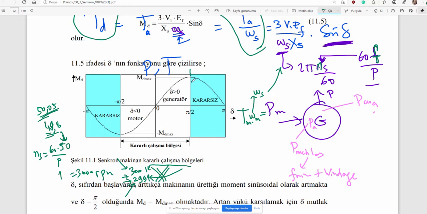Otherwise machine will be out of synchronization, machine will be in an unstable region. If you exceed 90 degrees in positive or minus for delta, which is load angle, there is no stable operation here and here.